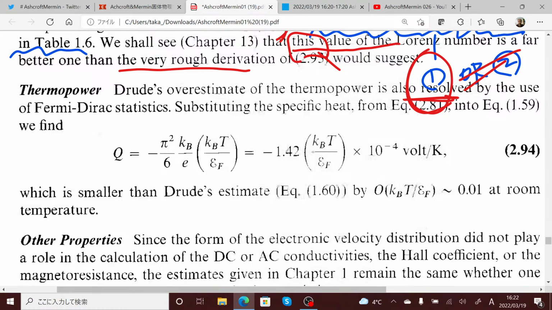Thermal power. Drude's overestimate of the thermal power is also resolved by the use of Fermi-Dirac statistics.